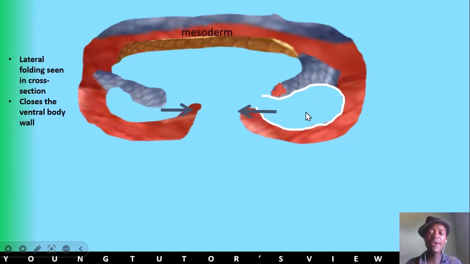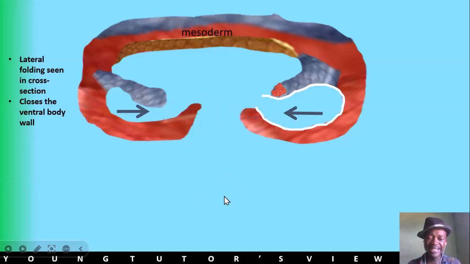So these lateral foldings are going to make these two merge. The intraembryonic coelom is going to merge. Even these endocardial tubes, both on the left and on the right, are going to merge to form one thing.